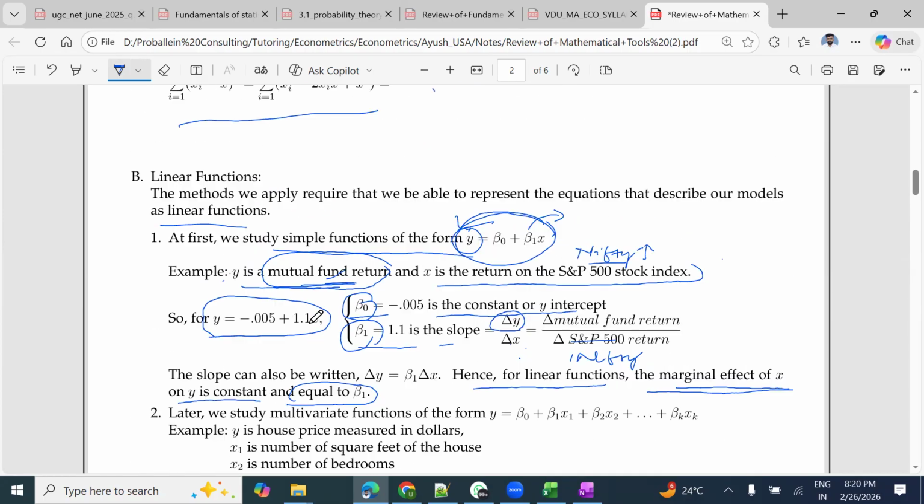Now, one exercise you can do. Suppose I give you data of y and x, you can do it in Excel. You estimate this equation, beta naught and beta 1, and then based on beta 1 and beta naught you can predict y hat, the regression line, correct?